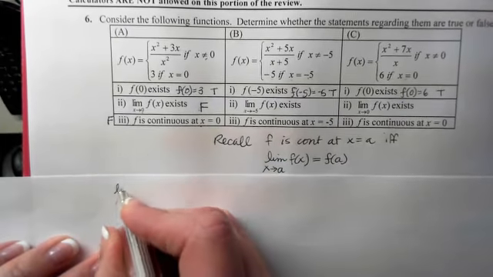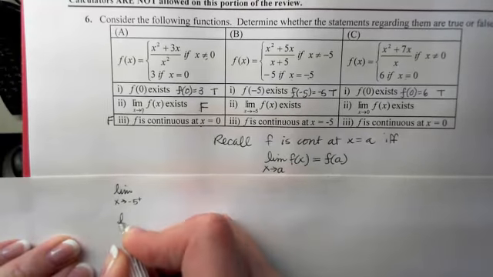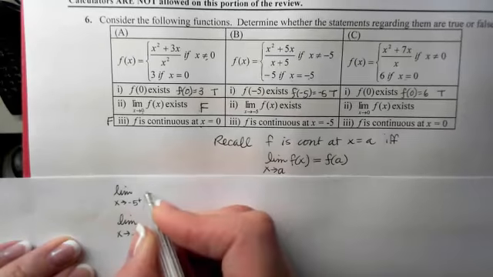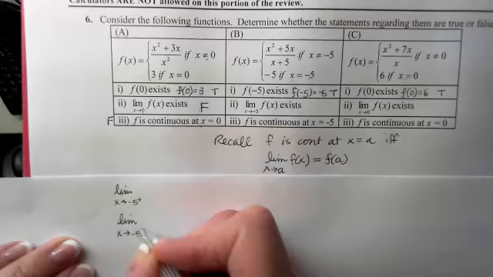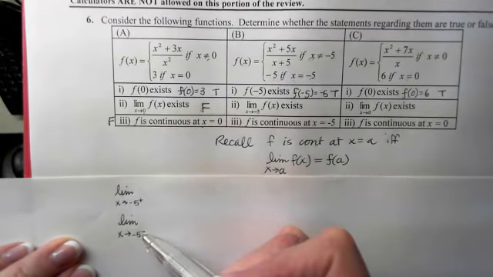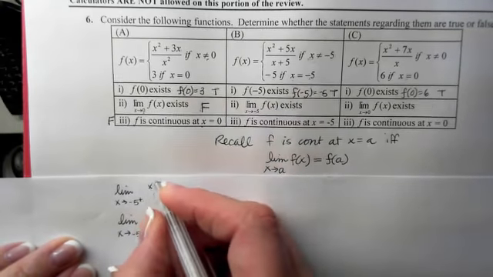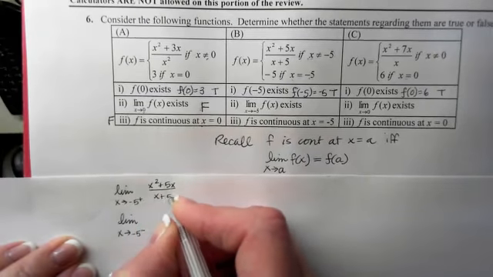So we're going to examine the limit as we approach that -5 from the right and as we approach that -5 from the left. Both of them, coming from the left and coming from the right, are going to be in this branch because neither from the right nor from the left are we actually at -5. So on both of these, I will input the top branch.